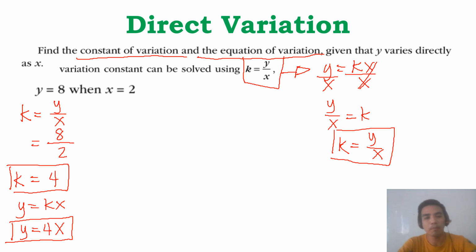Ganun lang po kasimple. Okay, just simply substitute the given values of y and x in k, and after that, if nakuha mo na yung constant of variation, just substitute that in the equation, and you have the equation of variation. Okay?